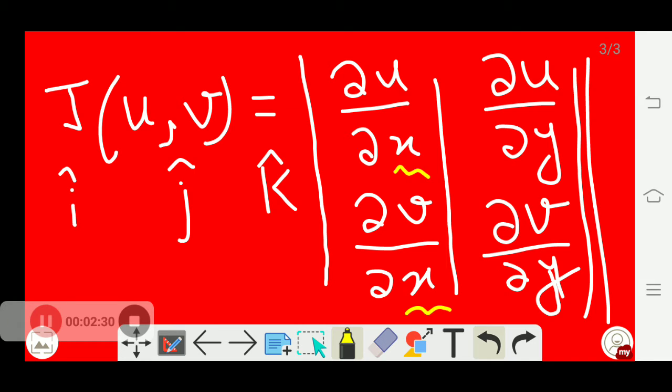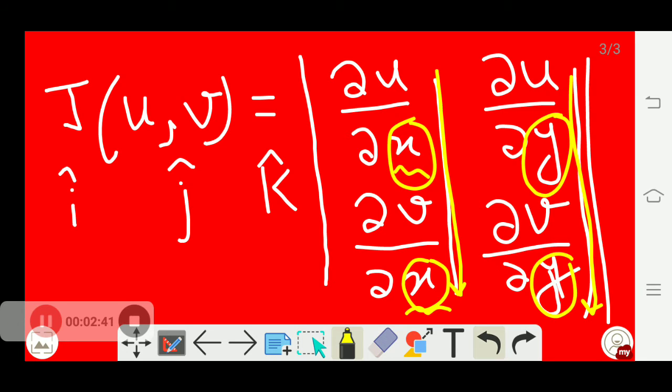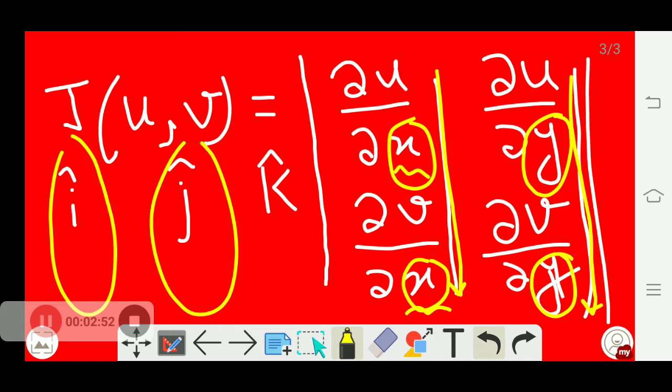So at the bottom you have to write x for this column. For this column you have to write only y, because this is for j. Here it is 2-dimensional, so we are restricted to 2 axes, x and y. So you get my point. Just write in this way, i, j, and for k we will extend to z. I will teach you in the next slide. Okay, so let's go to the next page.